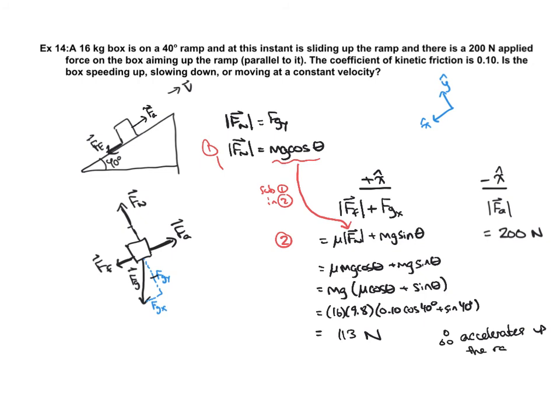So the question is, is it speeding up, slowing down, or moving at a constant velocity? Basically, is the acceleration in the same direction that it's already moving, or in the opposite direction? At the very top here, I drew which way the box is moving. So the box is already moving up the ramp, and it's also going to accelerate up the ramp. Therefore, it's going to speed up.